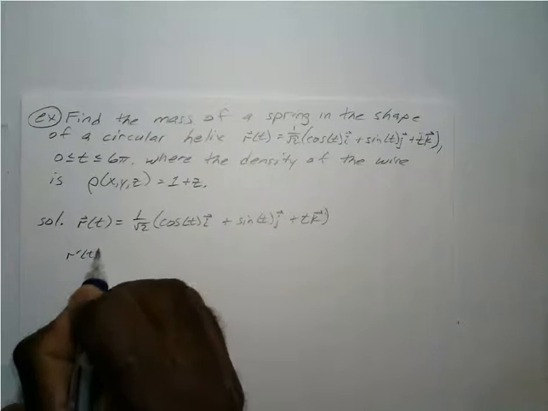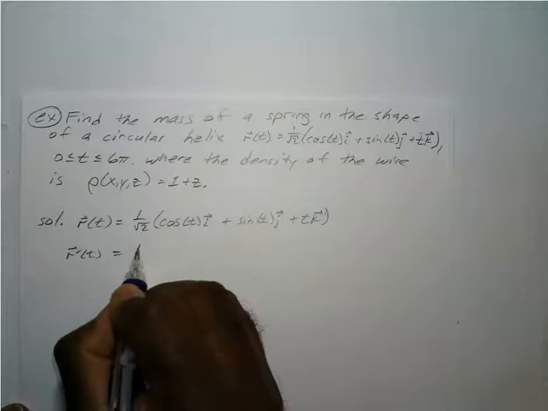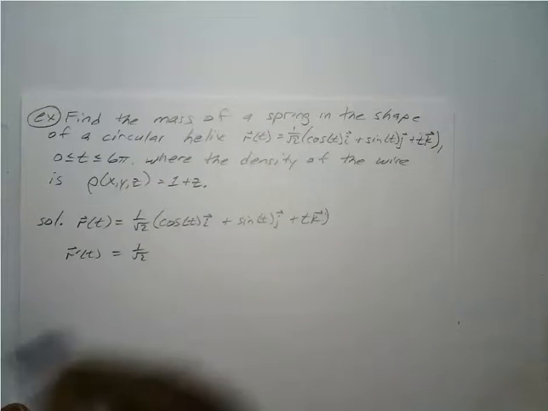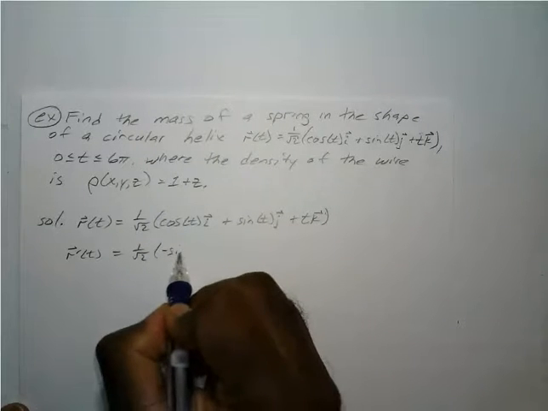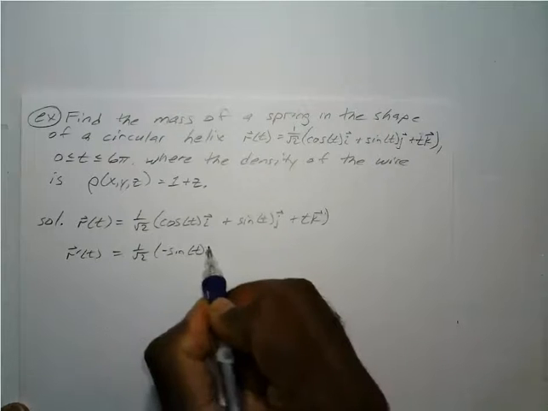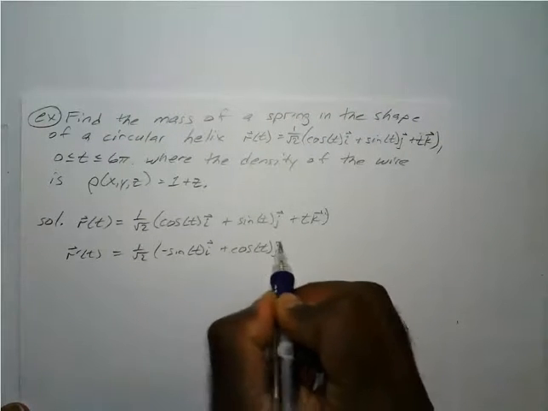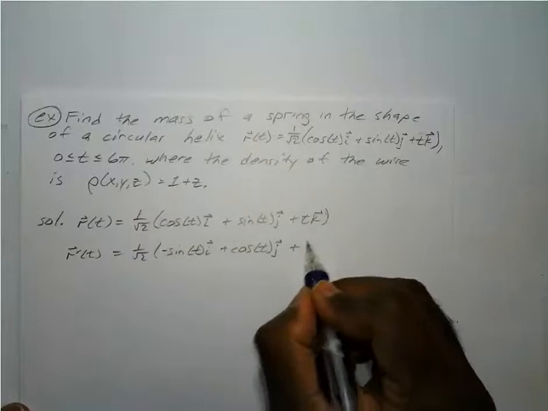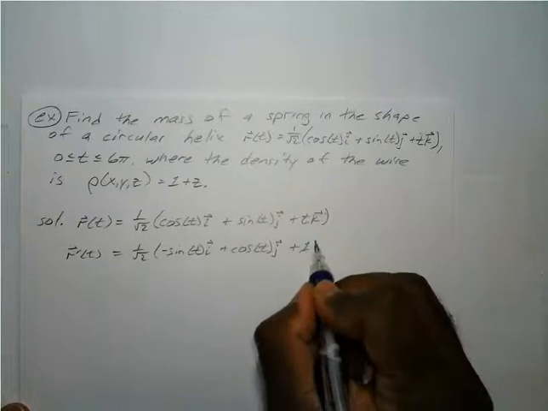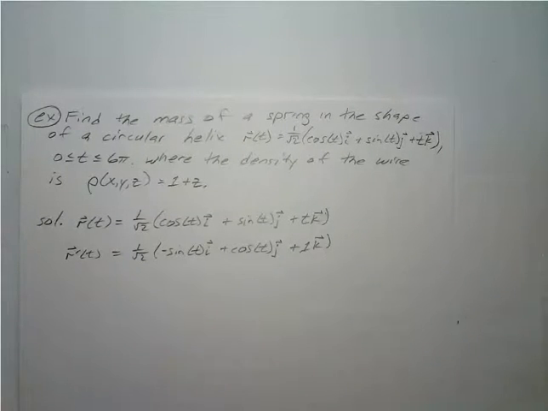So our r prime of t is 1 over square root of 2 times negative sine of t plus cosine of t plus, you can put 1 times k if you want to. You don't have to put the 1 there, of course.